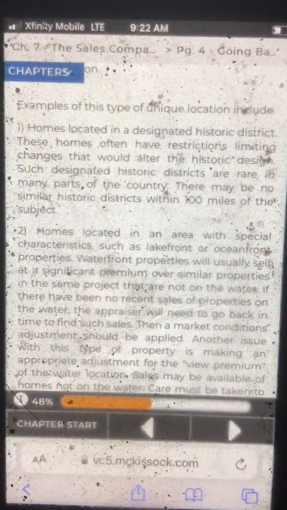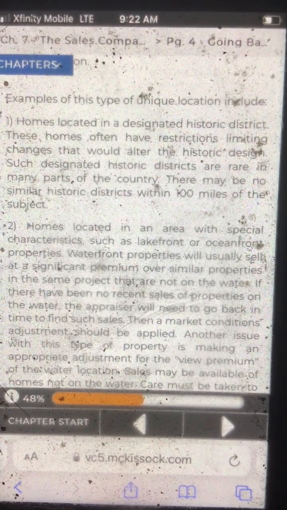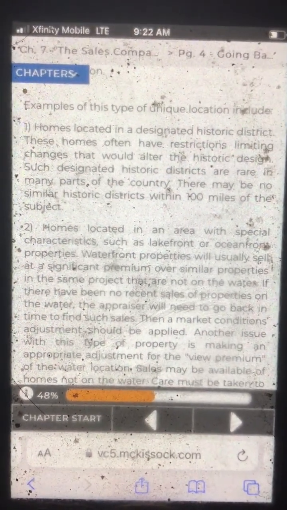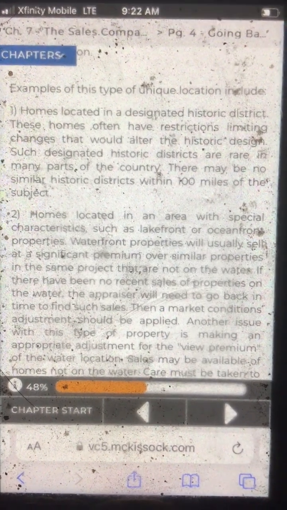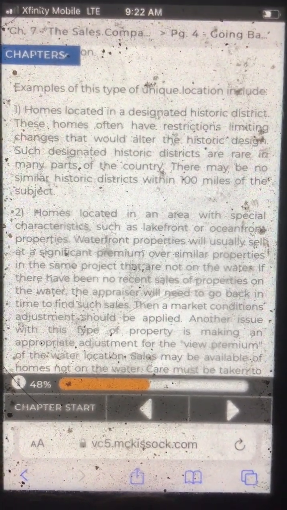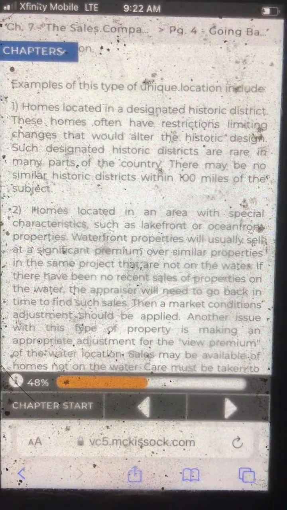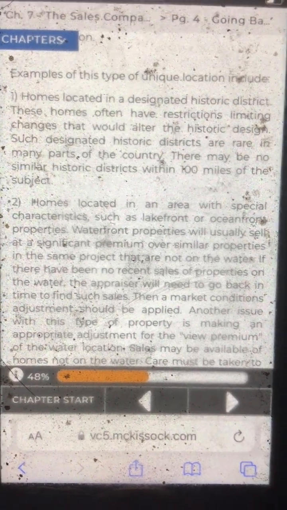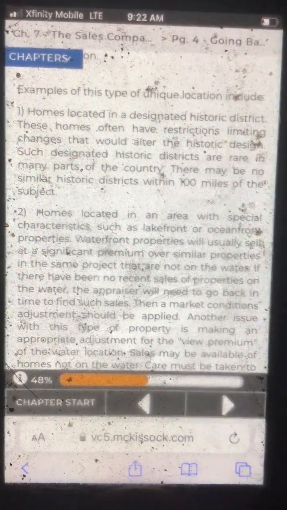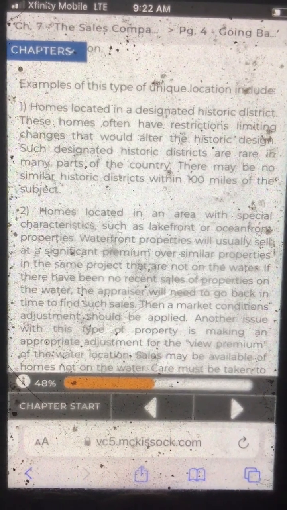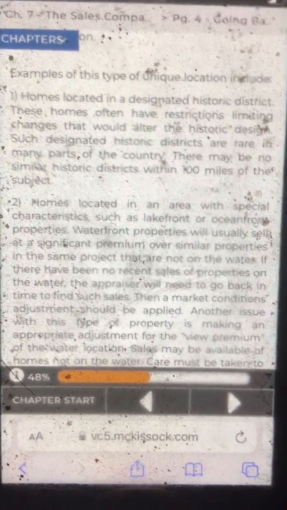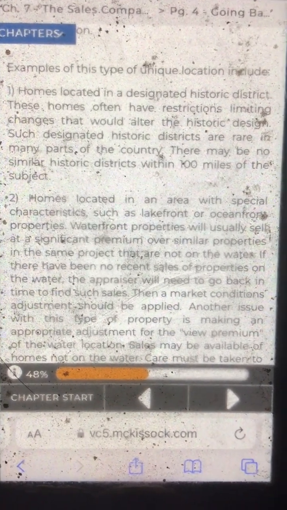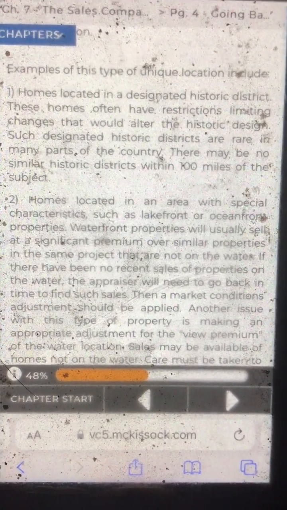Examples of this type of unique location include: number 1, homes located in a designated historic district. These homes often have restrictions limiting changes that would alter the historic design. Such designated historic districts are rare in many parts of the country. There may be no similar historic districts within 100 miles of the subject.